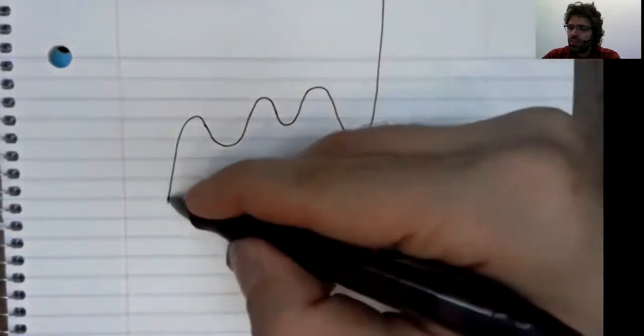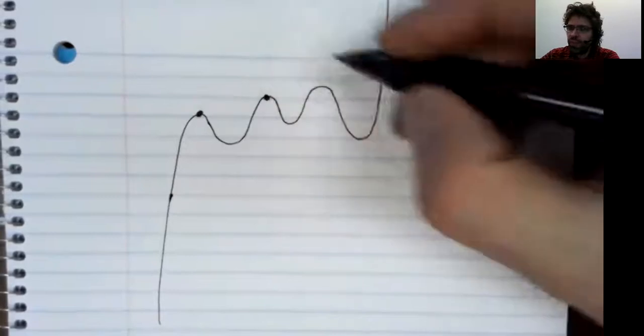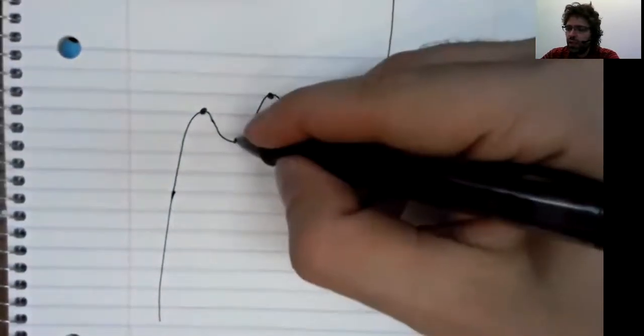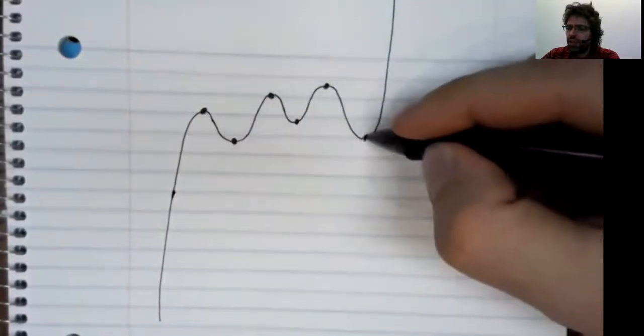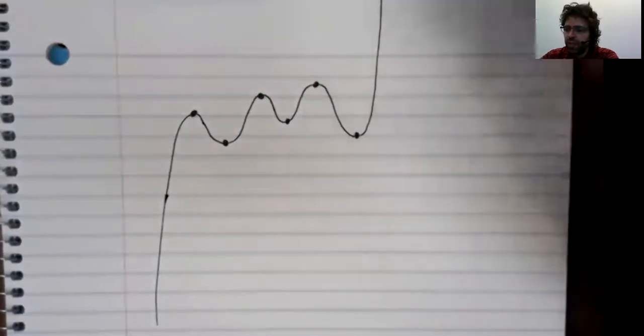So this could be some sort of polynomial. It has a local maximum here, here, and here. A local minimum here, here, and here.